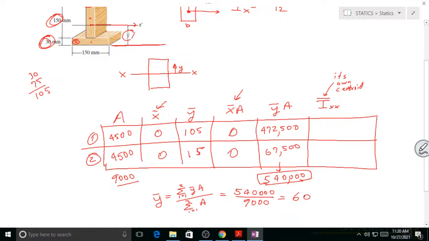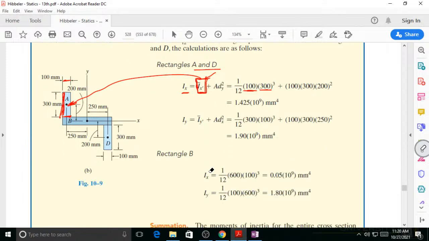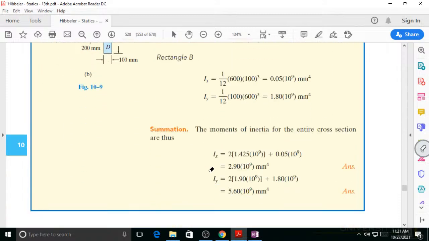Now, now that I've found the centroid, that's something I'm going to hold in the back of my mind and say, I'm going to need that because I think the problem statement, oh shoot, the problem statement's not there. Okay.